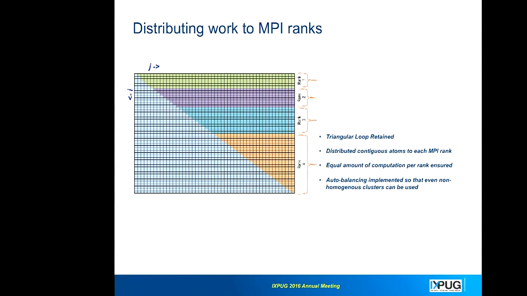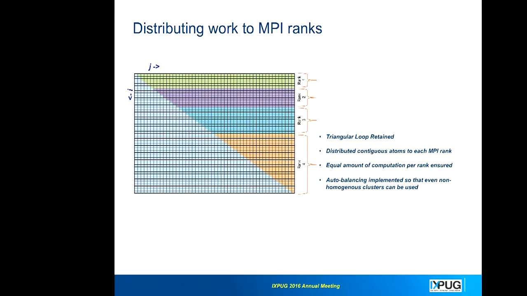Every 10 seconds it monitors the time taken by each rank for processing. Whichever is slowing down, we give it more work, so it balances every 10 seconds, which is configurable. By doing this, we could scale across disparate servers. It could be a two CPU server with a 4 CPU server, or a CPU server with a KNC.